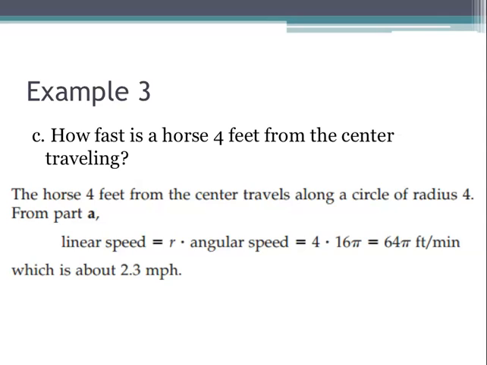The further away you are, the faster your linear speed is. But if you think about the angular speed, no matter where you are, if you're closer or further away, that does not affect your angular speed. The entire merry-go-round is still going. It's still rotating 8 revolutions per minute, right? It's still rotating 16 pi radians per minute. All right, and that's all we have for today.